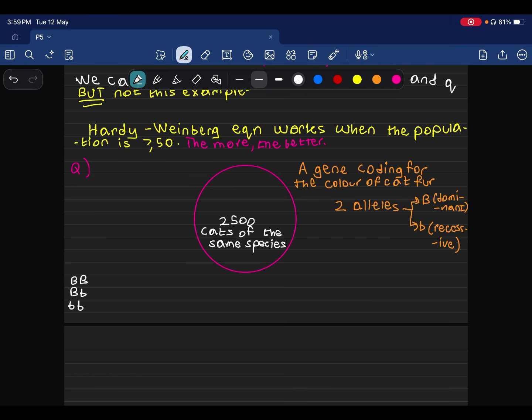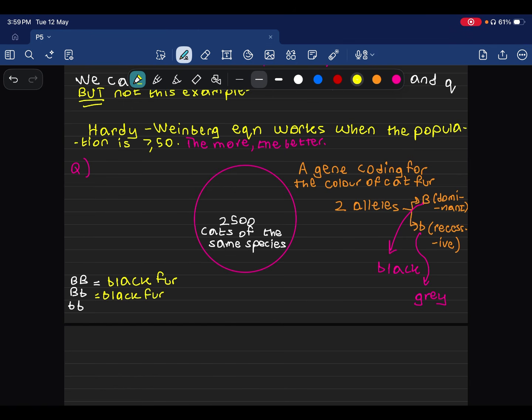You need to be really fast at this, make this muscle memory. So, if it is homozygous dominant, what's the fur color going to be? Okay, I haven't told you this yet. Capital B codes for black fur and small b codes for gray fur. Now you can tell me if it's homozygous dominant, it means that it's black fur. If it's heterozygous, it means again that it is black fur.